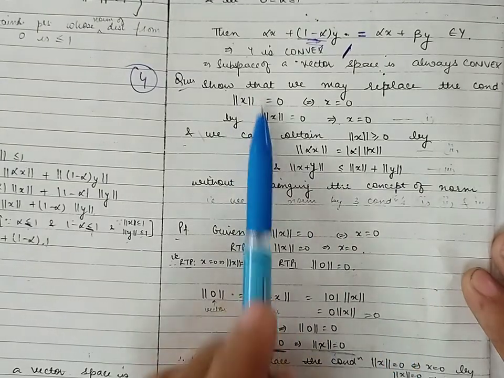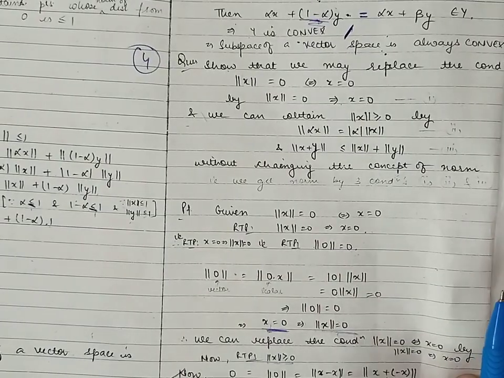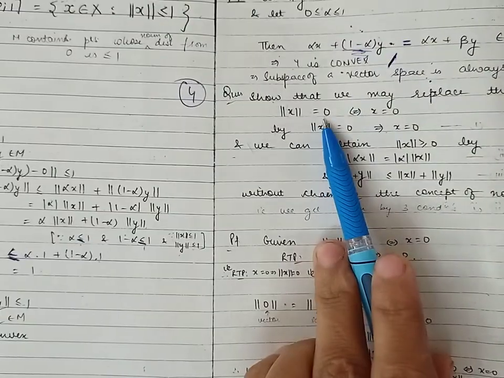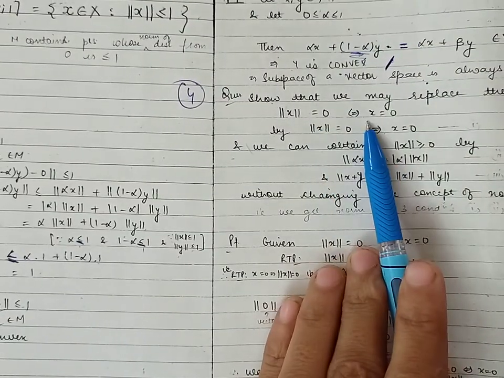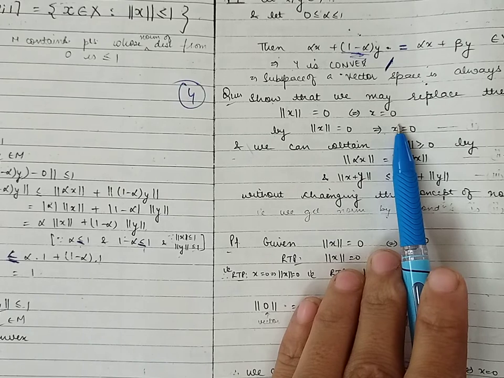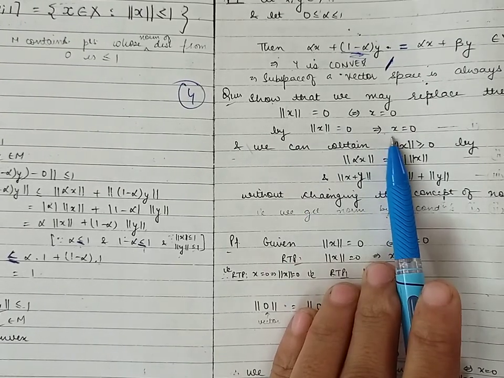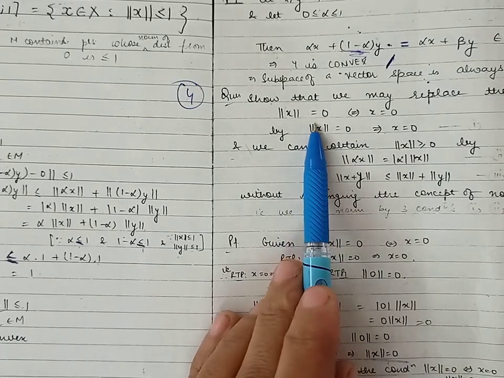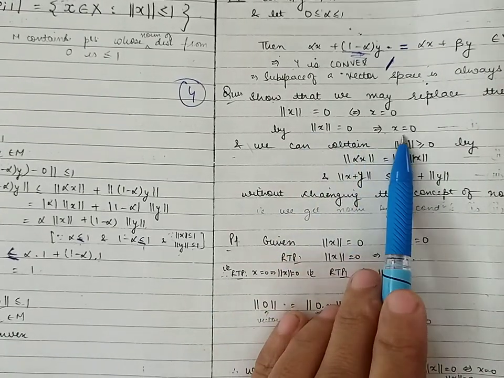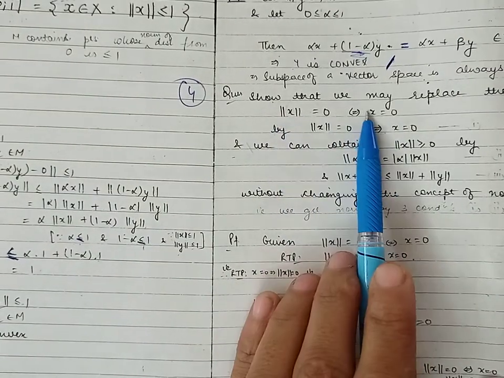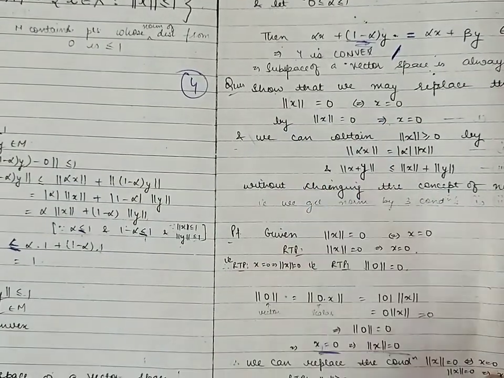So we are to prove these two parts. In the first part, let us prove that the condition norm x is equal to 0 if and only if x is equal to 0 can be replaced by this condition. It means we are to prove that norm x is 0 implies x is equal to 0. By using this condition, we are to replace it with this condition.